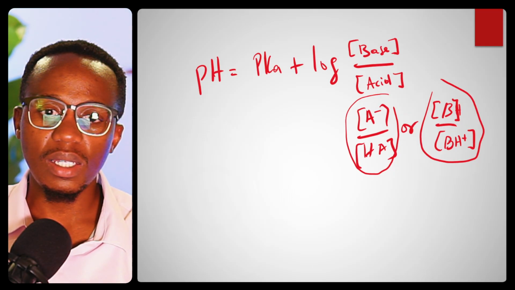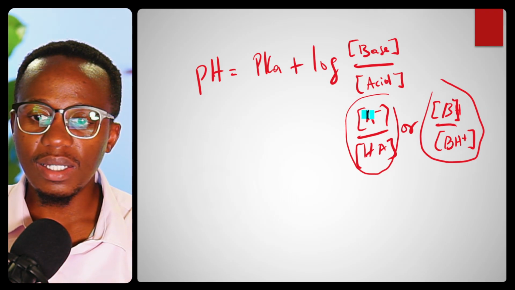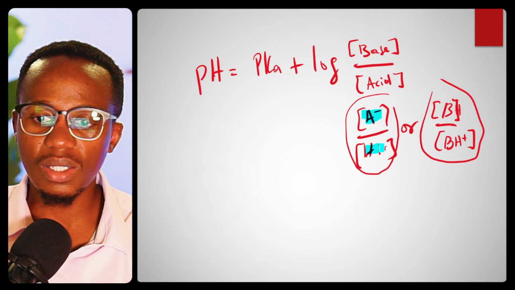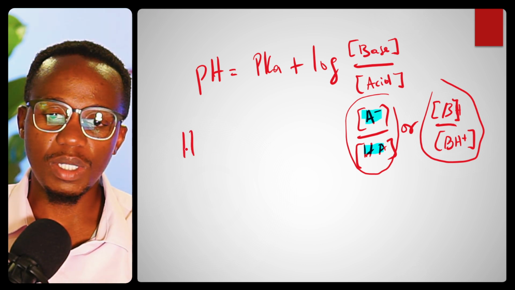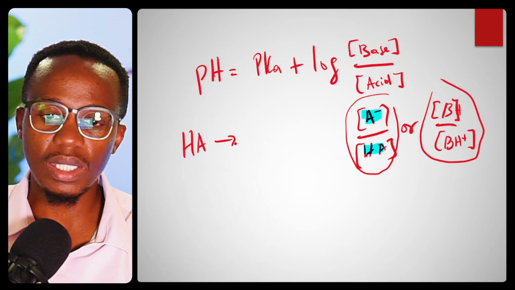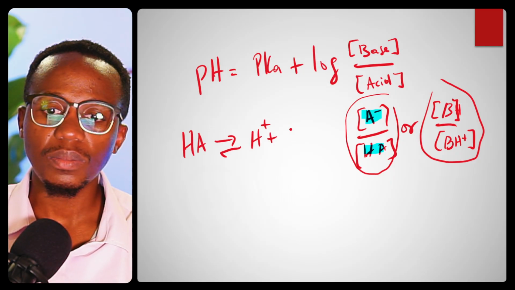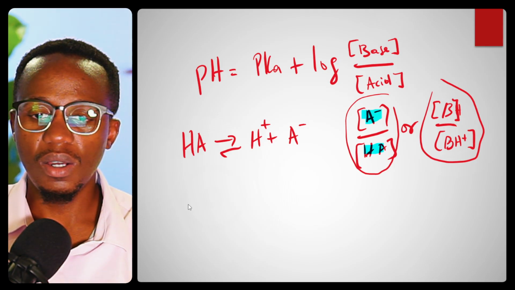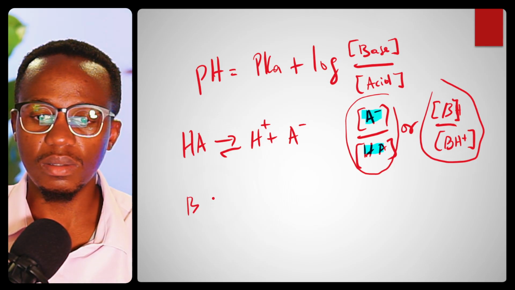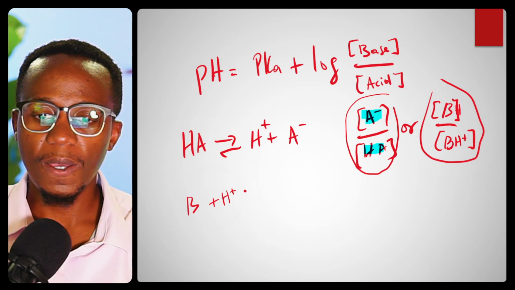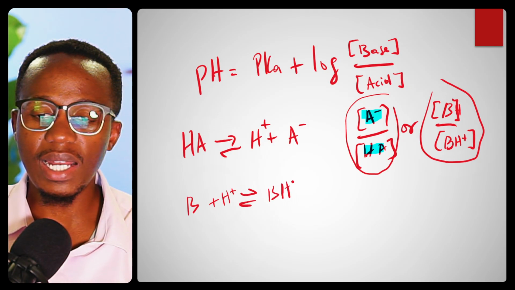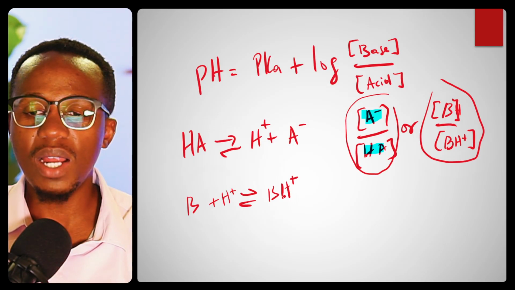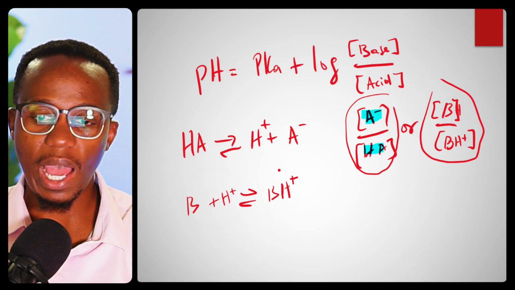Because when you add an acid or base, this concentration changes and this concentration changes, right? Depending on what system we have, and depending on what we're adding, one of them will go down and the other will go up.